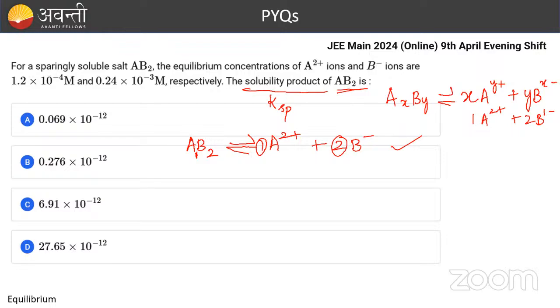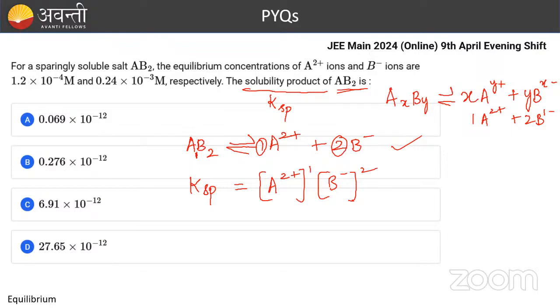So here KSP will be equal to the concentration of A2 plus power 1 into concentration of B minus power 2. So that stoichiometric coefficient has to go to the constant also, right?